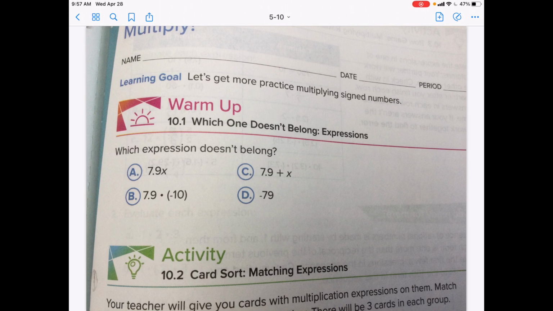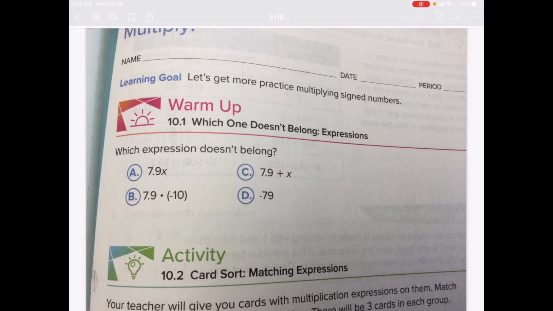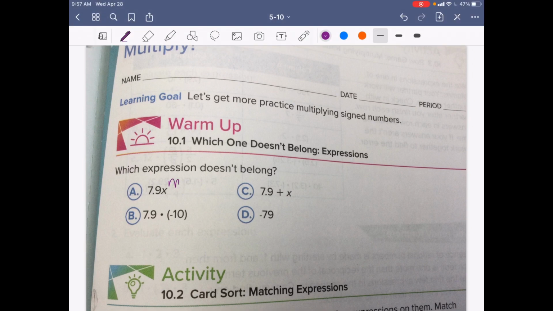If we looked at letter A, it could not belong because 7.9x is the only product of a decimal and a variable. So it's the only one that is multiplying by a variable.